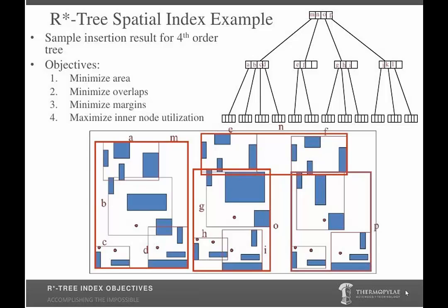So we've got various polygons here, geographically, and it works on bounding boxes. It creates a set of hierarchical bounding boxes around groups of geometries, and then uses those as the indexing system.